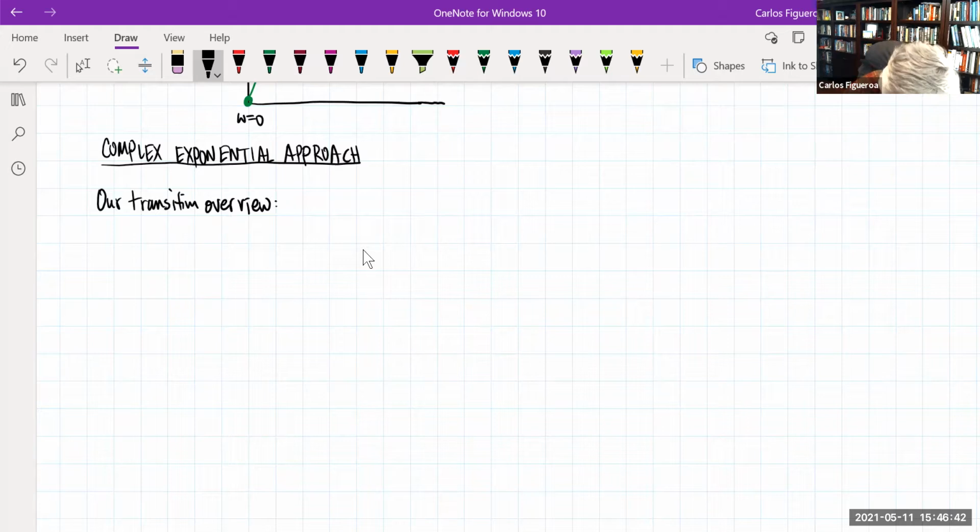We started off with the solution that was B1 cosine omega t plus B2 sine omega t. And what we said is that when you actually solve this thing for AC steady state, B1 and B2 become frequency dependent. There's nothing we can do about that.